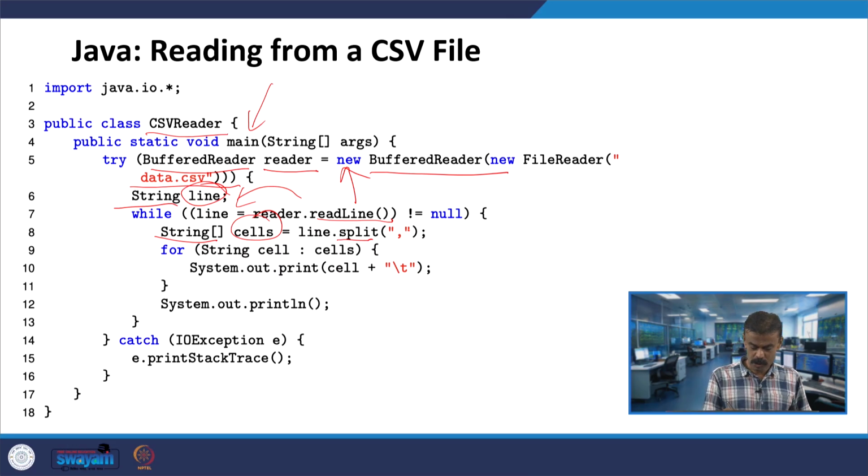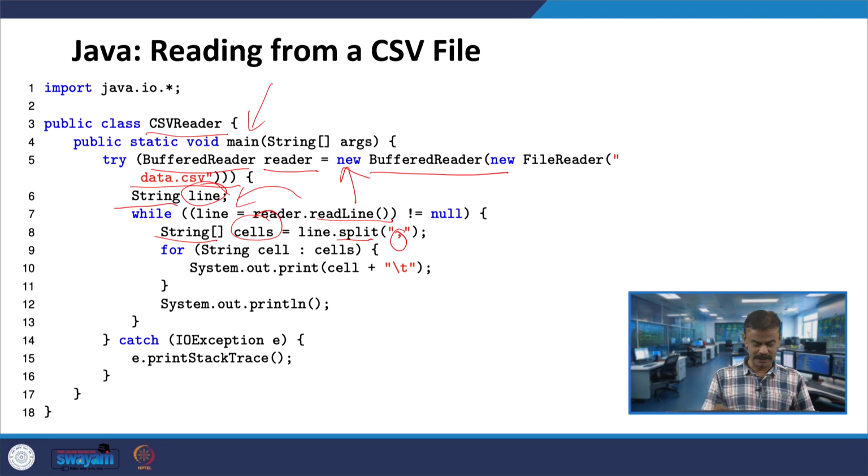We have to split this with the help of the comma delimiter and put the result into cells. So here you call the method split, like what we have done in C++. Then for each String cell in cells, you have an array of cells.